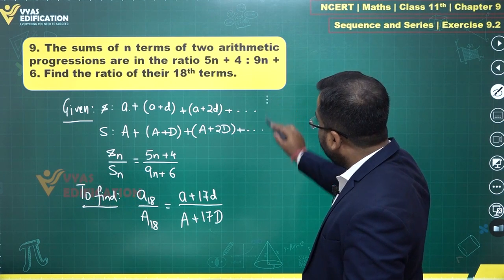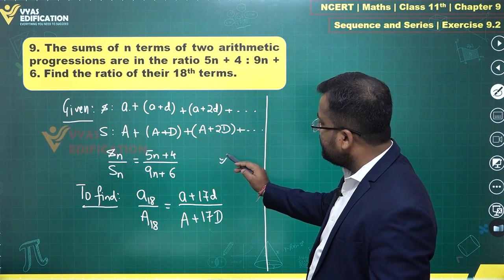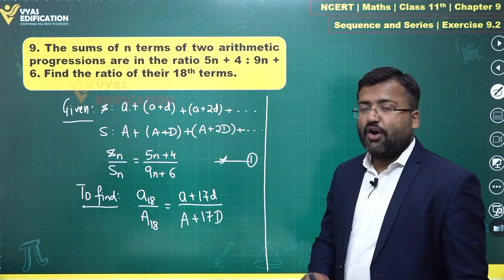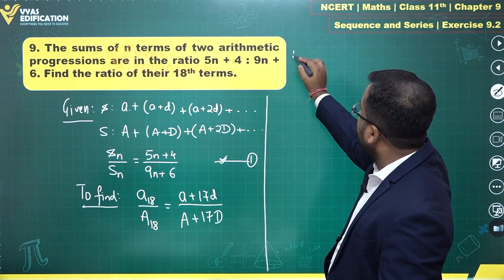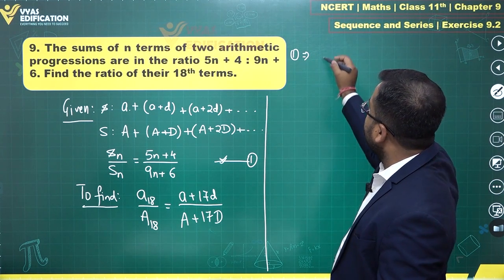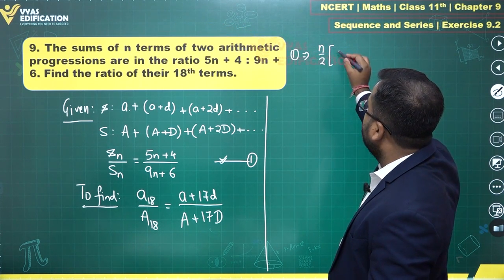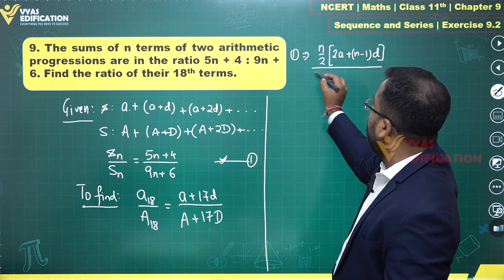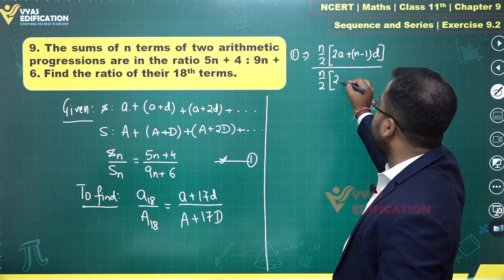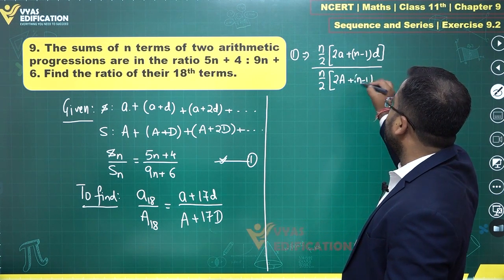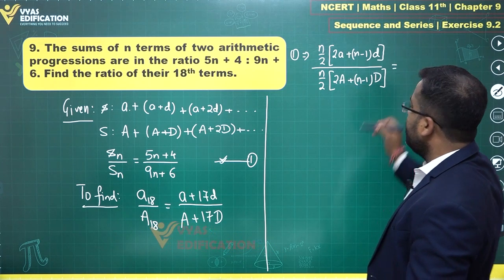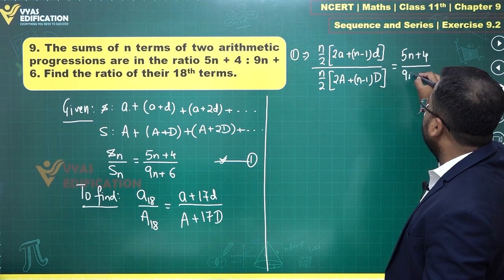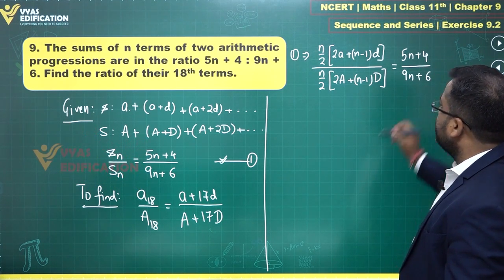How will we approach this question? With this given information, we can begin from the first and then move on to this one somehow. The first tells me Sn, which will be n by 2 times 2a plus n minus 1 d upon n by 2 times 2 times capital A plus n minus 1 times capital D, equal to 5n plus 4 upon 9n plus 6.